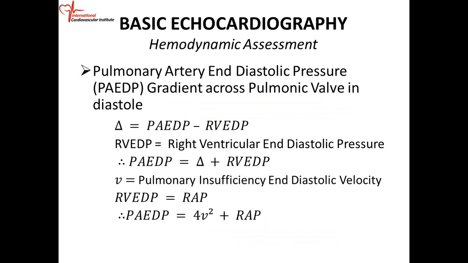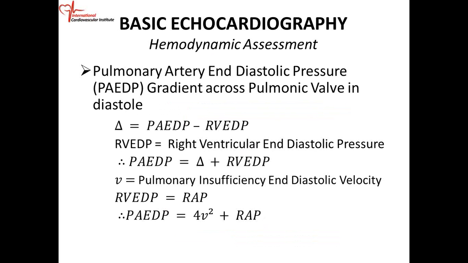If you look at your pulmonary trunk, you know that the normal blood flow is from the right ventricular outflow tract across the pulmonic valve and into the pulmonary trunk.